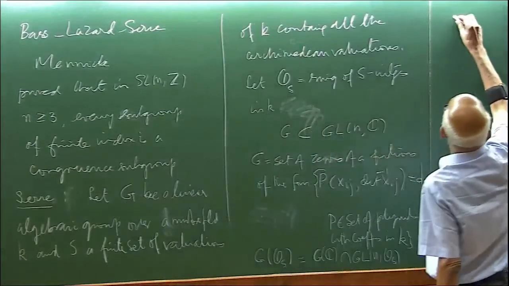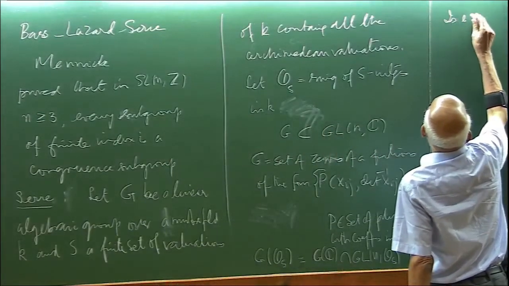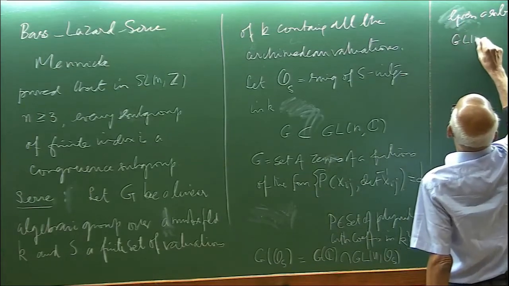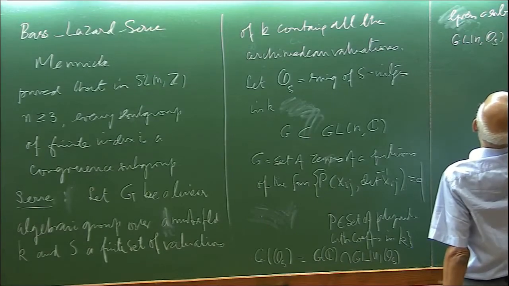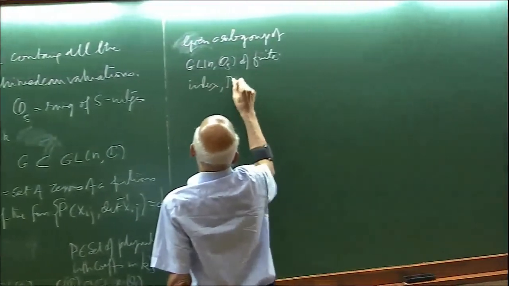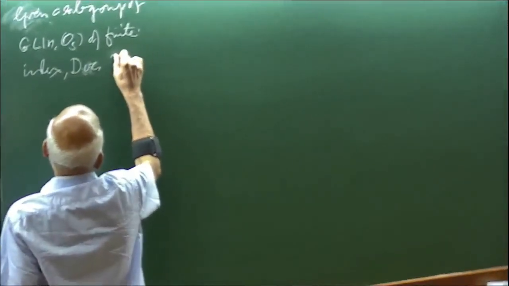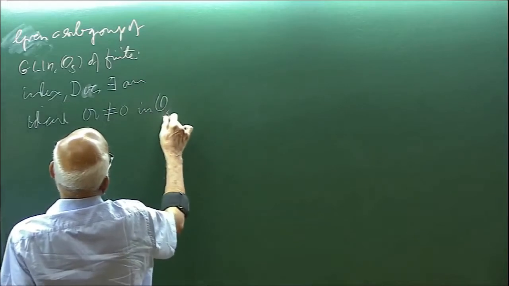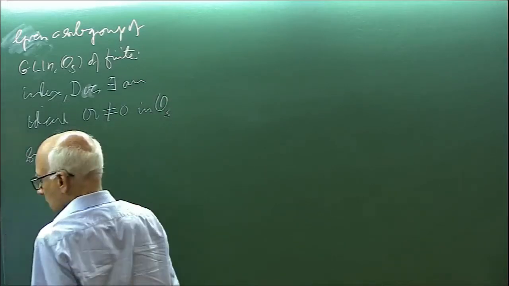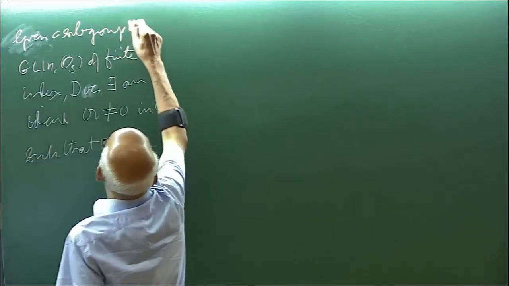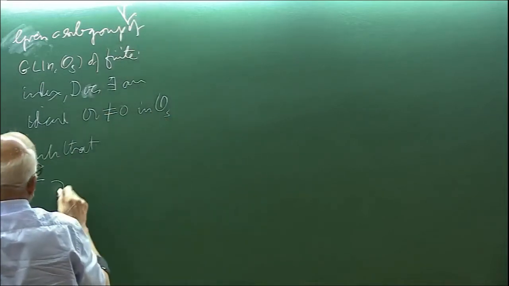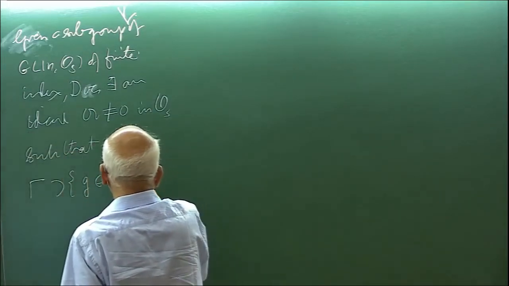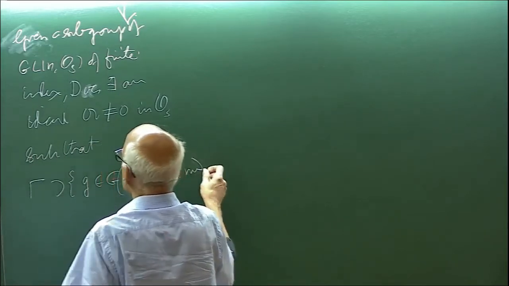Then the question is: given a subgroup gamma of finite index in G(O_S), does there exist an ideal A not equal to 0 in O_S such that gamma contains all elements of G(O_S) congruent to 1 mod this ideal?